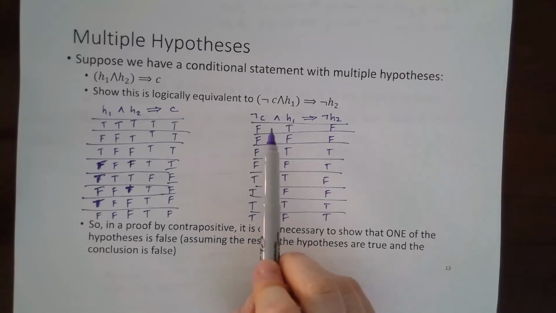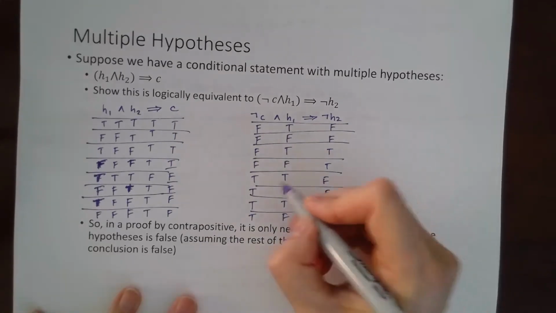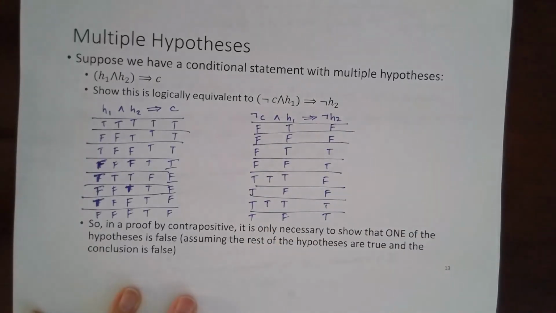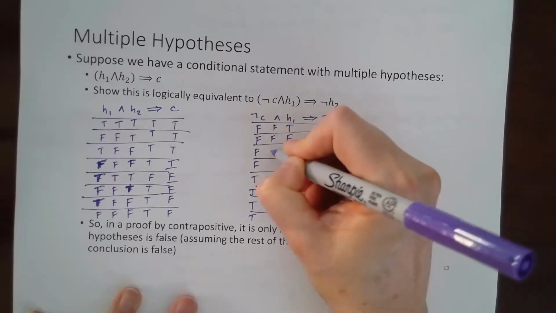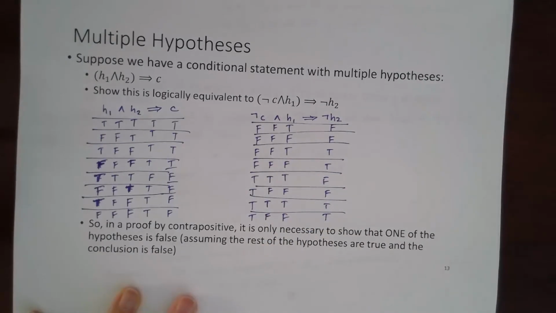Okay, and then over here, this conjunction, the only time it's going to be true is when we have 2 trues, which is on the 5th and 7th lines, I believe, and I think everything else is false. And then the only time we'll get a false implication is when we have a true implies false.